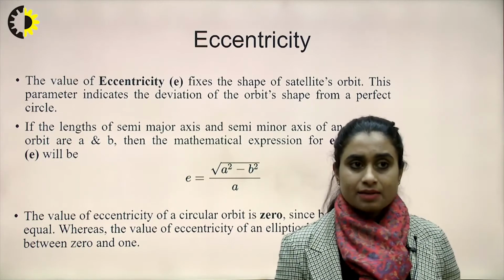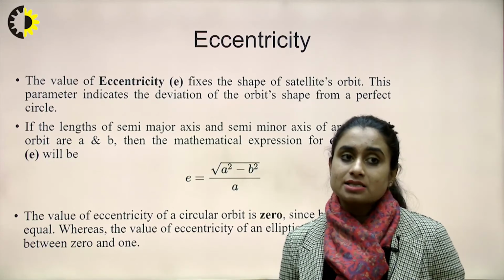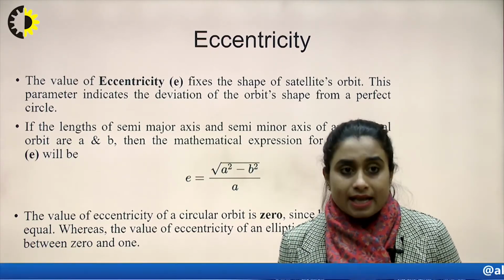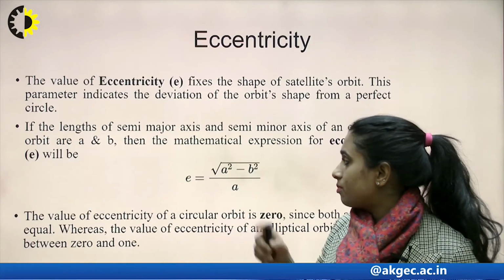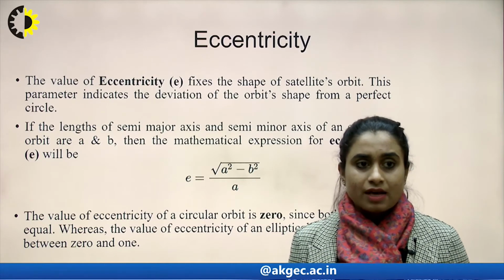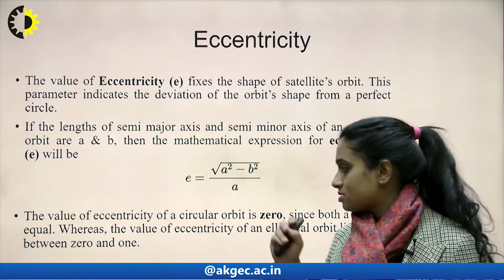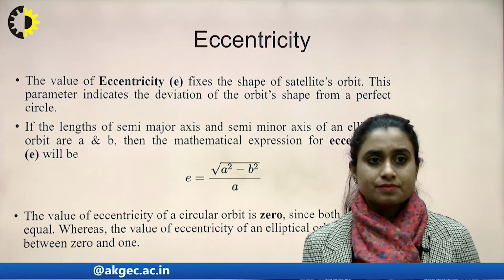If I have an ellipse with semi-major axis represented by small a and semi-minor axis represented by small b, then eccentricity can be calculated by the formula, under root of a square minus b square, divided by a. The value of eccentricity for a circular orbit is 0, we know, right? Because both a and b are equal.